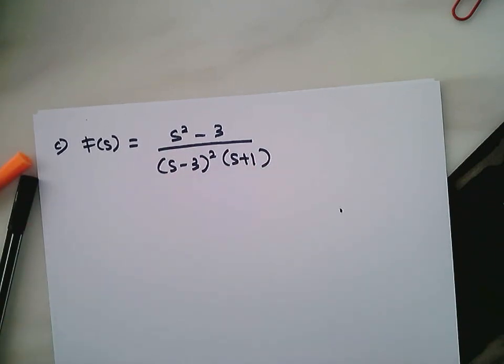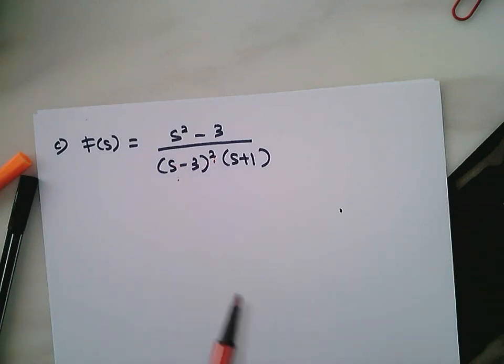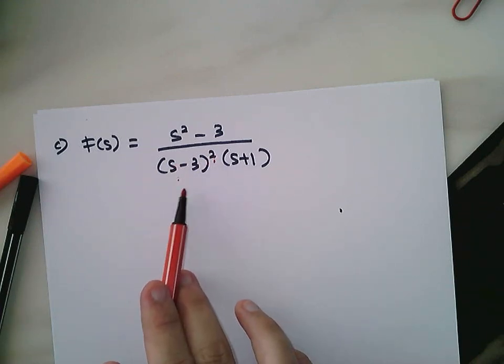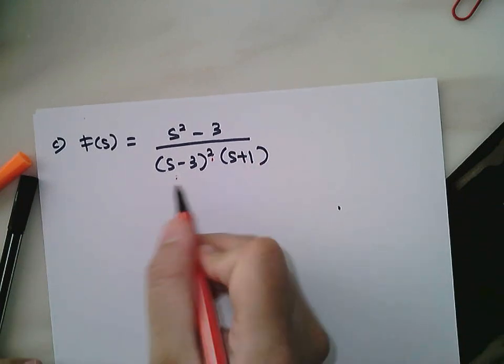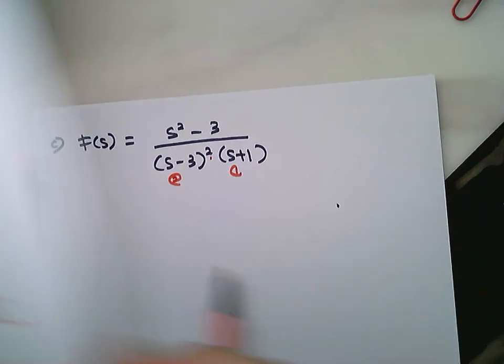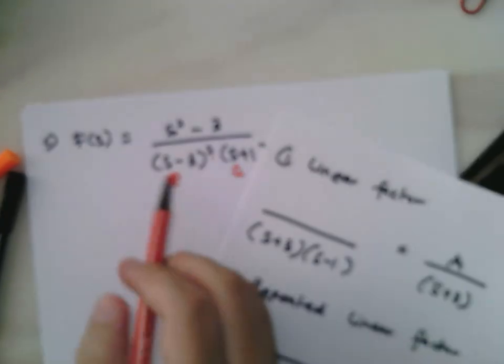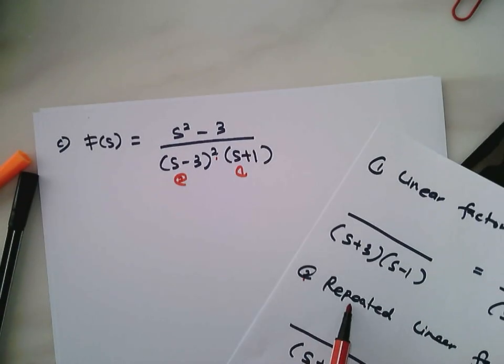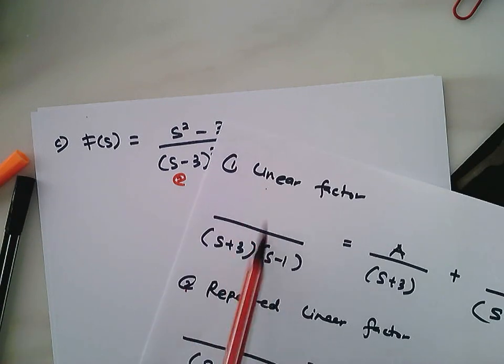As you can see here, this is a repeated linear function, so this is the second case. And this is a linear factor, which is the first case.